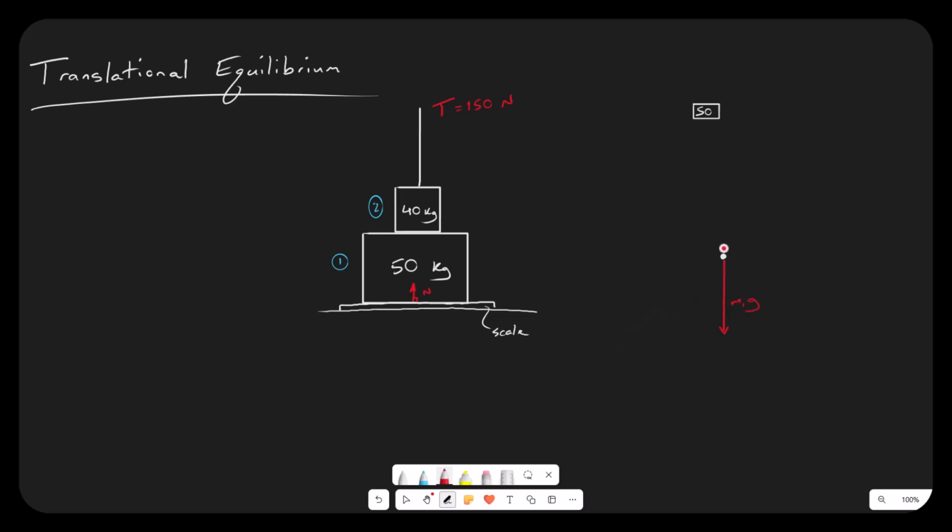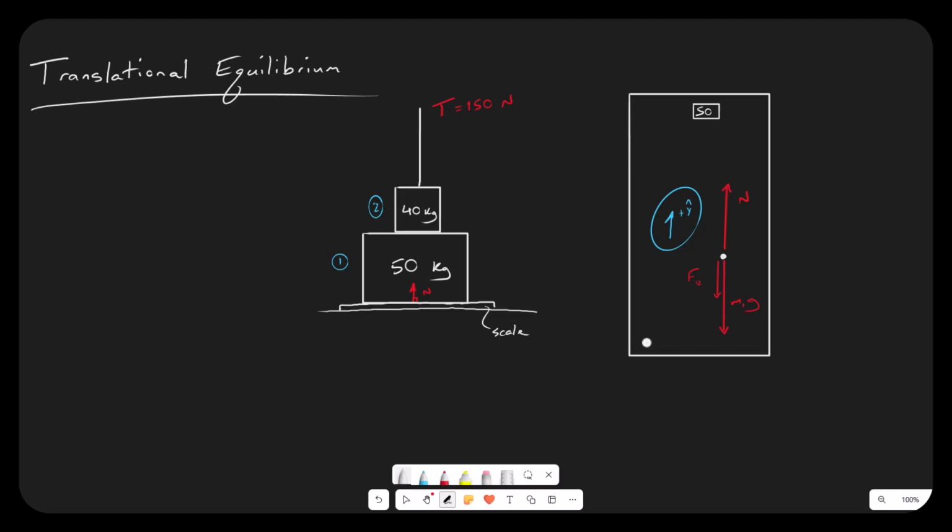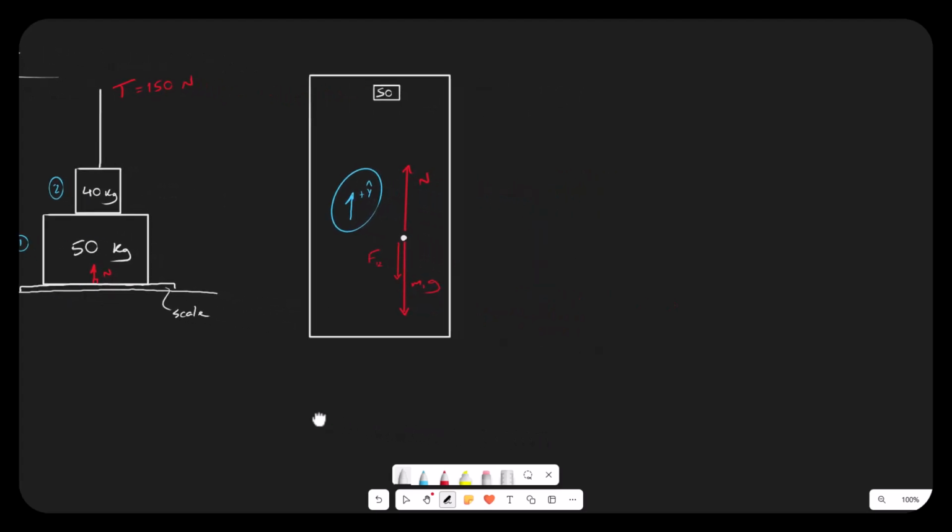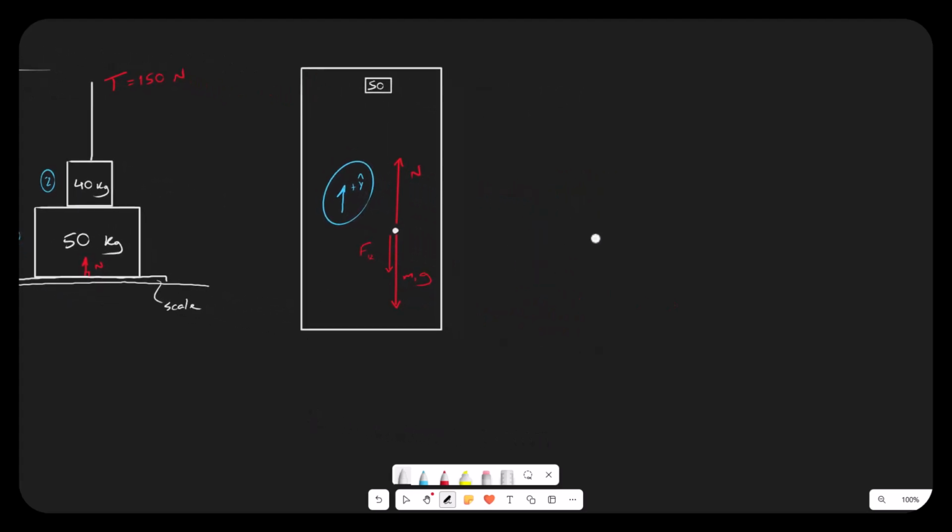I have an upward force from the scale, and I have a downward force from block 2, F on 1 from 2. That's all I've got. I'm going to call upward my positive y-axis, and I have a free body diagram.